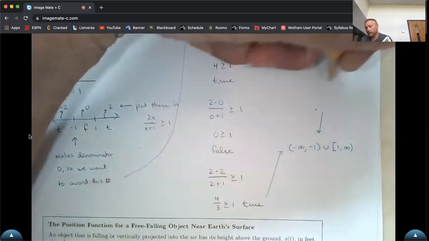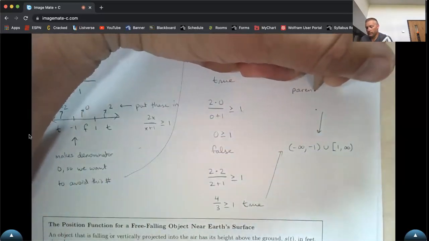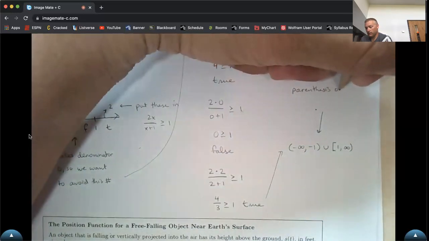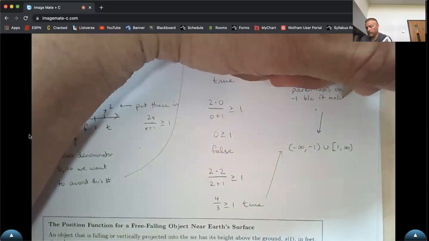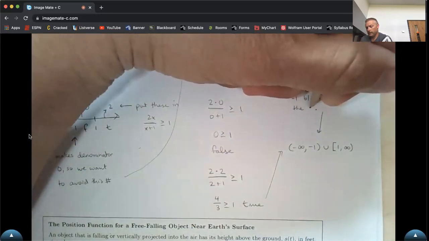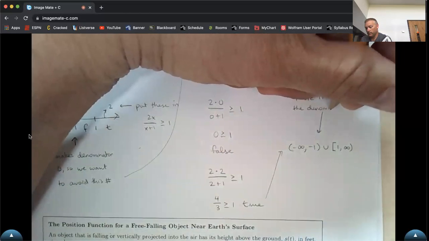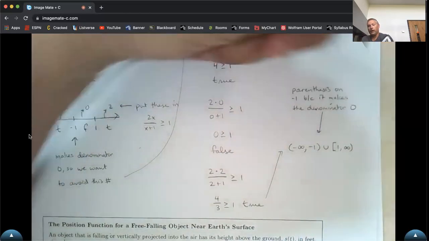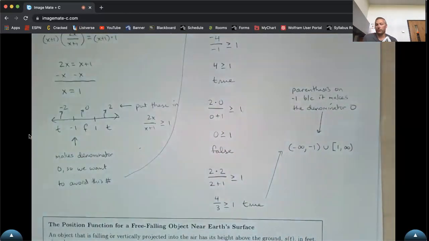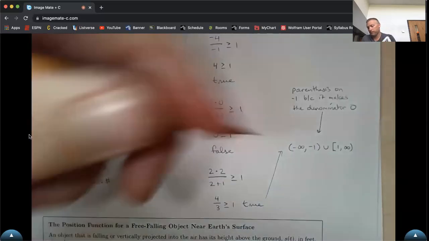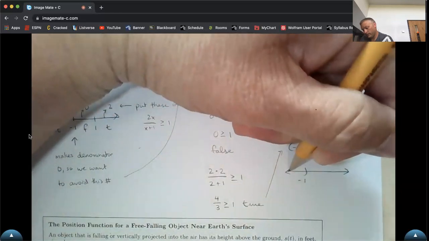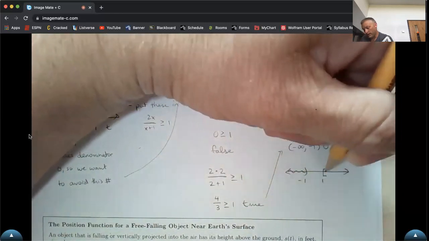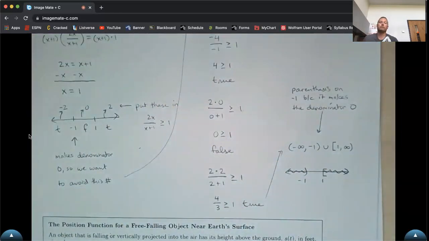So let's note there's a parenthesis on -1 because it makes the denominator 0. You couldn't possibly include it in the solution set because you can't even plug it in. And then we can graph this on the number line as well, something like this.